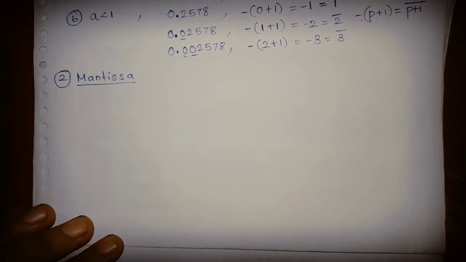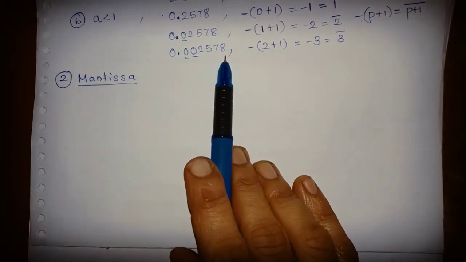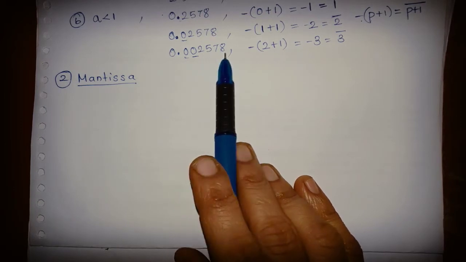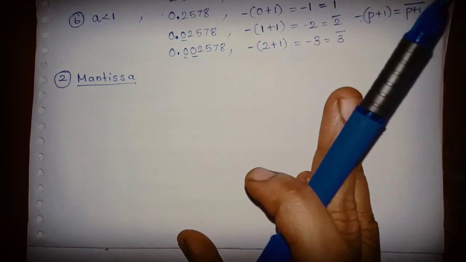So now we'll see how to find the mantissa. For this you will need log tables. First, if the number is given in this form, then you have to approximate it to 4 digits. You have to write 4 digits only.